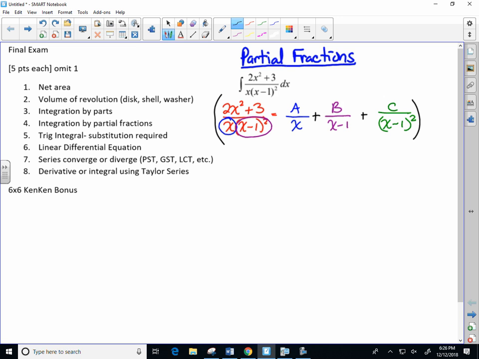So we multiply through by x times x minus 1 squared. When we do that, the left-hand side just boils down to 2x squared, I keep saying cubed, plus 3.